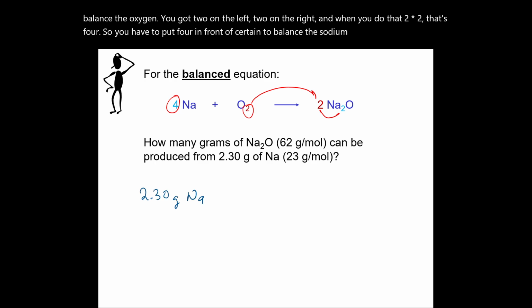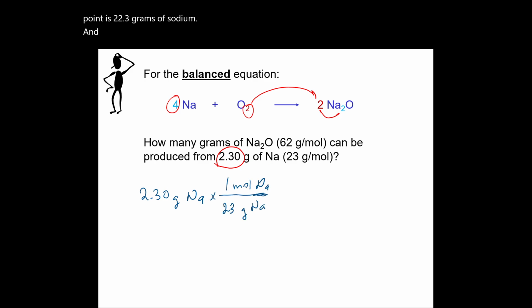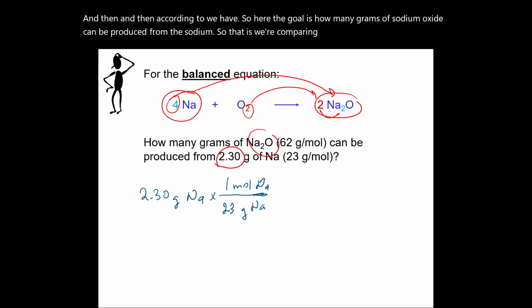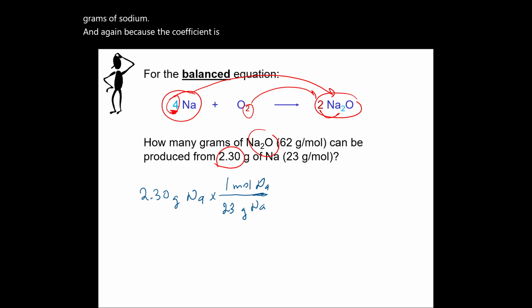And our starting point is 2.3 grams of sodium. The goal here is how many grams of sodium oxide can be produced from the sodium. So we're comparing those two chemicals. Because the coefficient is moles, we have to convert the grams of sodium to moles of sodium first.